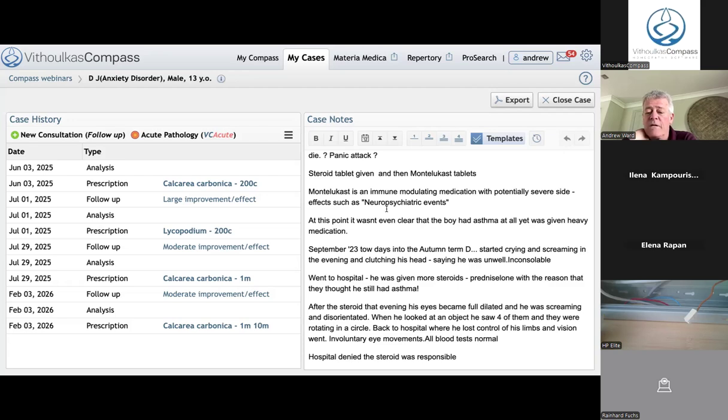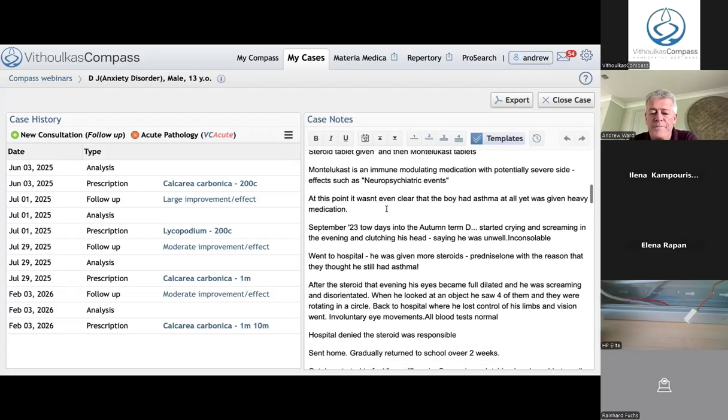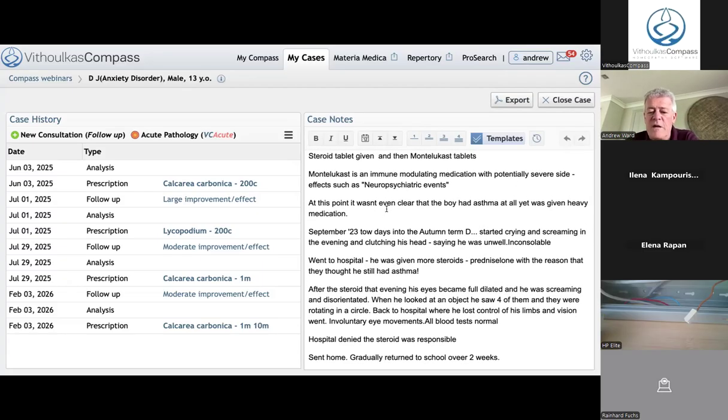Although he wasn't really suffering, he was more in a panic state and in pain. After the steroid that evening, his eyes became fully dilated and he was screaming and disorientated. When he looked at an object, he saw 4 of them and they were rotating in a circle.